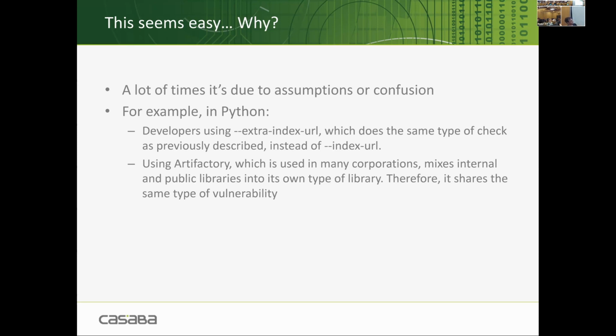It instead just says, hey, also check here. So if you're using extra index URL, you're targeting both Artifactory and the Python package index. That's just simple confusion. If you did index URL, it would only target what you tell it to target at that point. As I mentioned, using Artifactory, it mixes up a lot of different things. It tries to be helpful, but it unfortunately isn't.